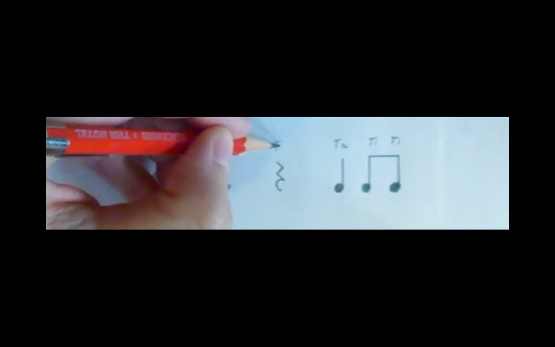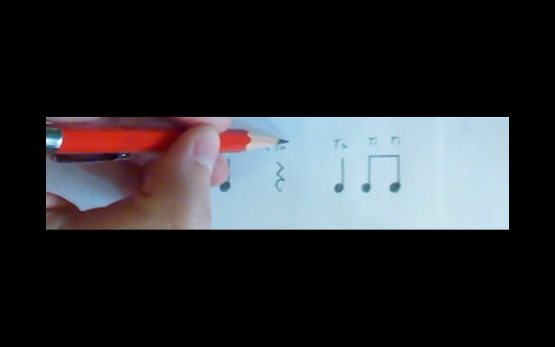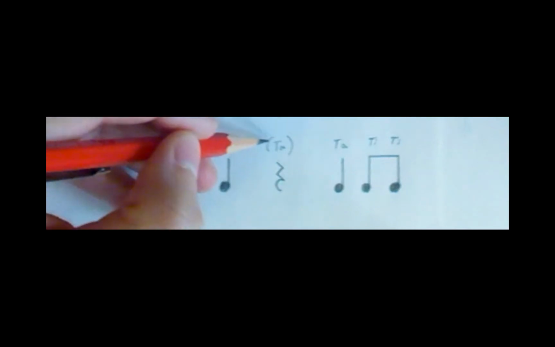Now, a quarter note's a ta, so a quarter rest would also be ta, but the difference between these two is this is sound, this is silence. So what we do for silence is we put the syllables, or anything that has to do with counting, whether it's syllables or numbers, in parentheses. So we would still mouth the syllable ta, but we wouldn't actually make any sound with it. It would be silent.